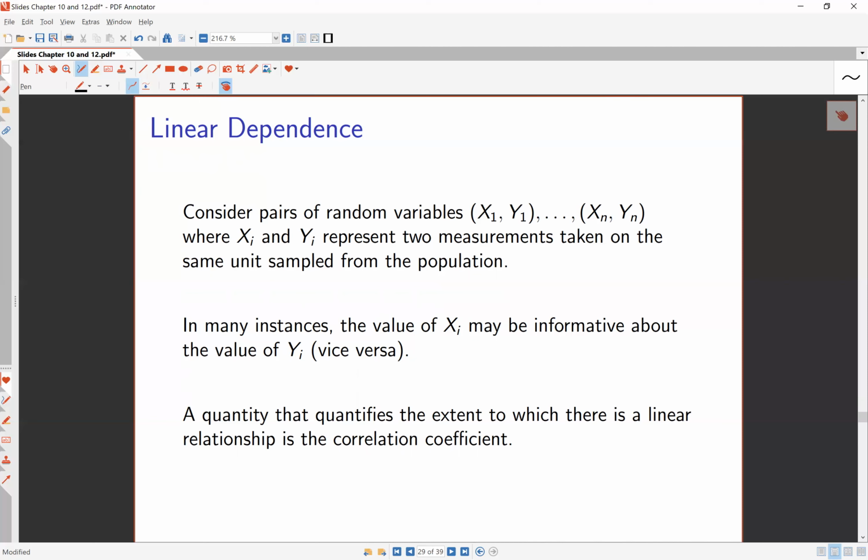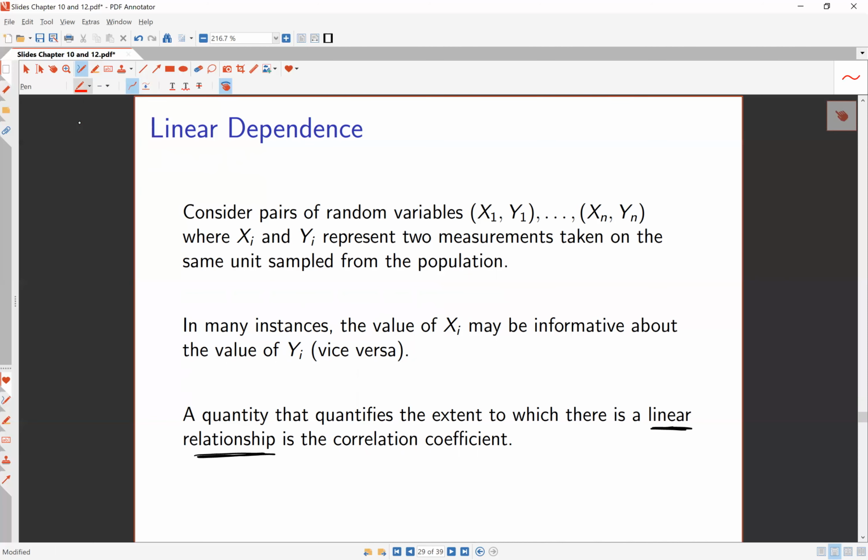And often the nature of that relationship is linear. So we are digging in, trying to find ways of quantifying just how strong a linear relationship exists.